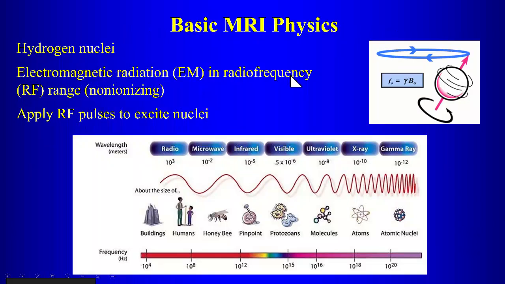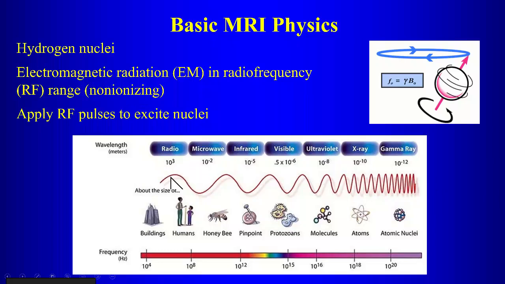So when we're dealing with MRI, the signal basically comes from hydrogen nuclei. And we use electromagnetic radiation in the radio frequency range, and that range is non-ionizing. So if we look at the different types of radio frequencies that there are, we're dealing down here in the range of wavelength sizes that are radio signals.